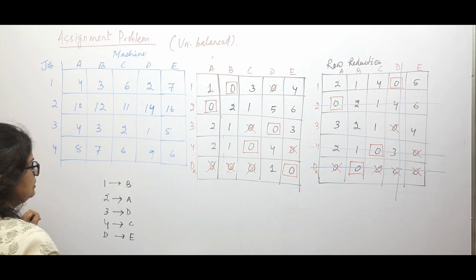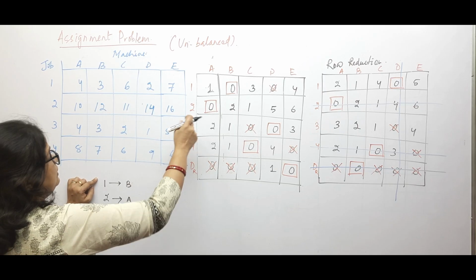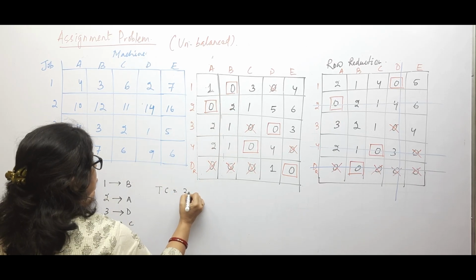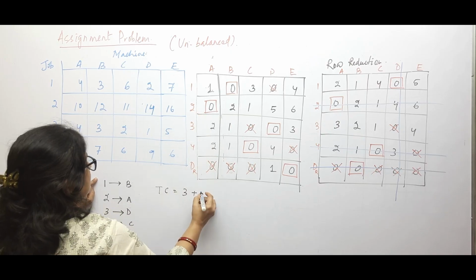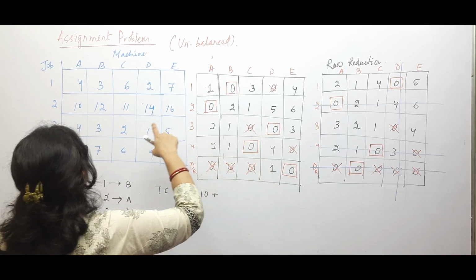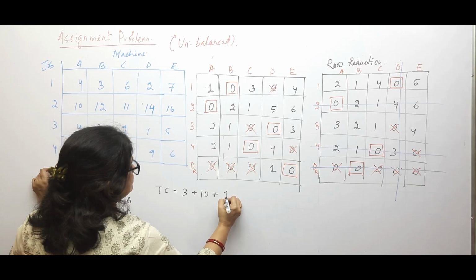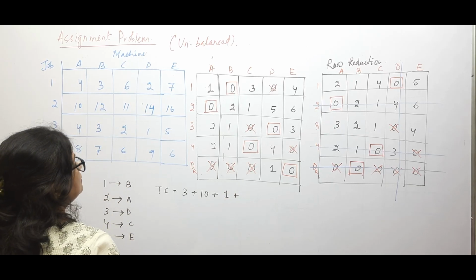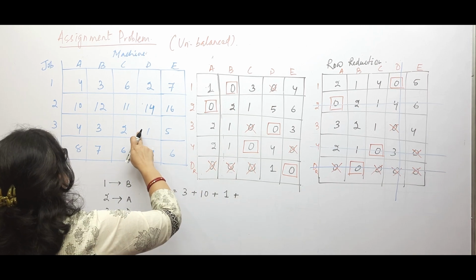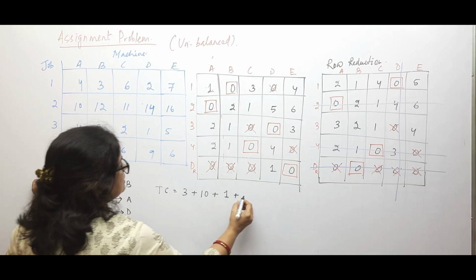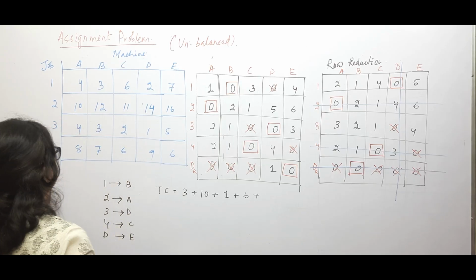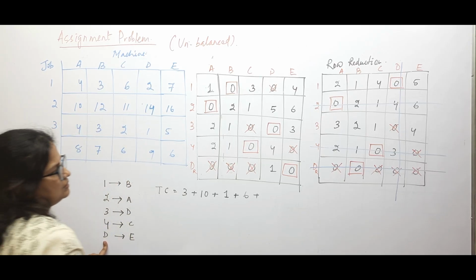So how are we going to calculate the total cost? See, for B, total cost equal to this one is 3 plus. For this it is 10 plus. Third is assigned to D. Here, if you see, the value is 1 plus. Fourth one is assigned to C, that is 6 plus the dummy one, that is 0.